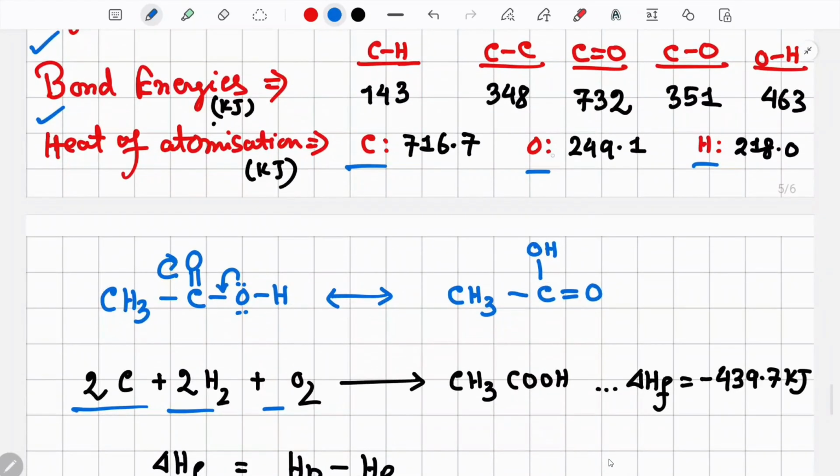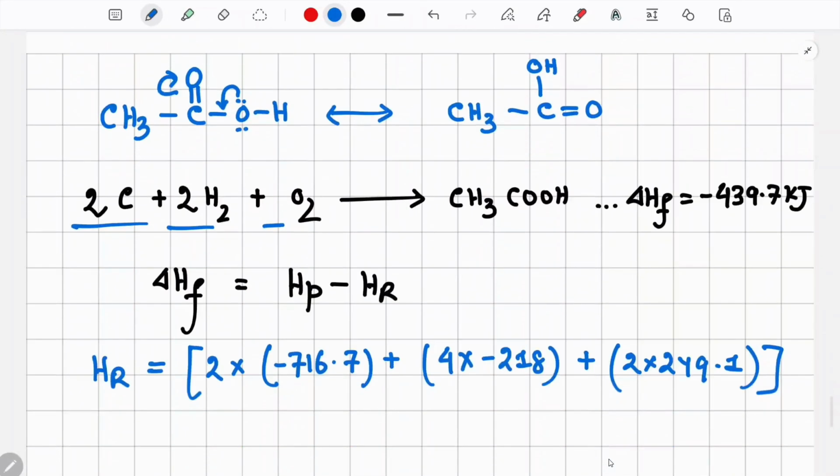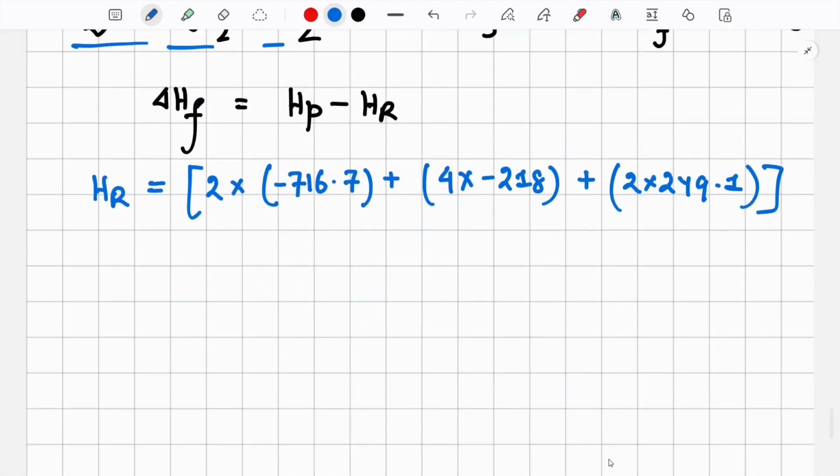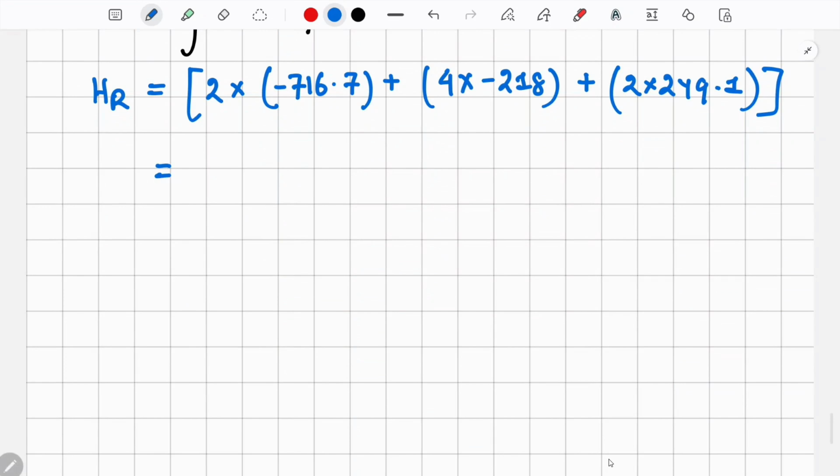If you calculate, you will get minus 2803.6 kilojoule. This is the H reactant.